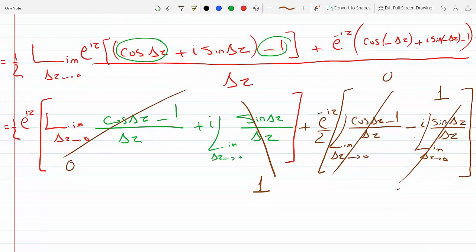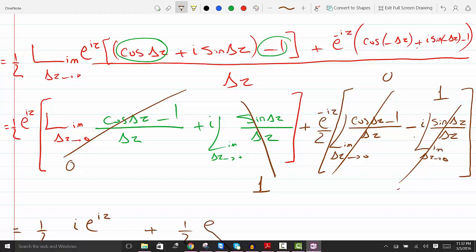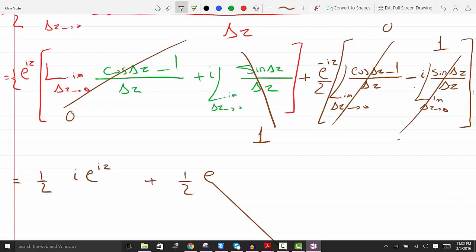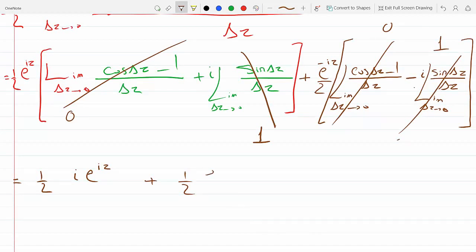Okay, so this simplifies greatly, and we get 1/2. So from this first term here, all we have is 1 times i, so that's i e to the iz, and from the second term we have 1/2 e to the minus iz, and then we also have minus i, right?